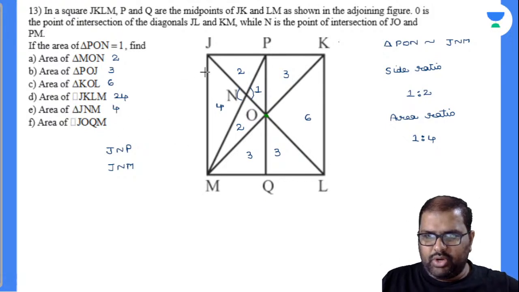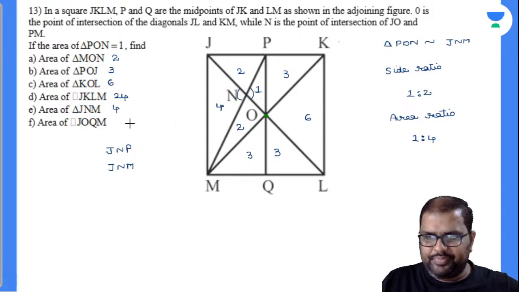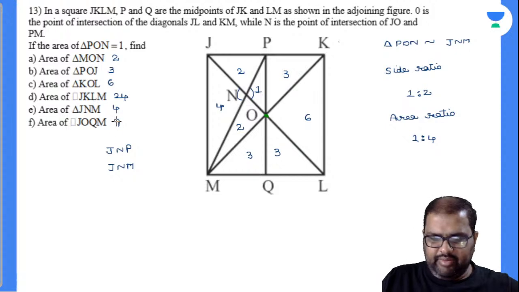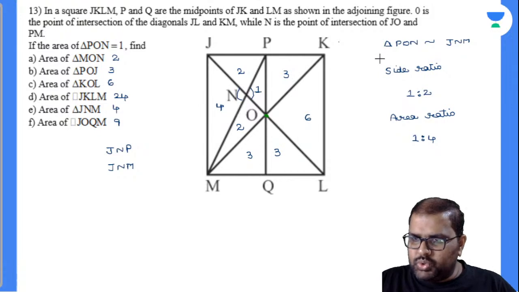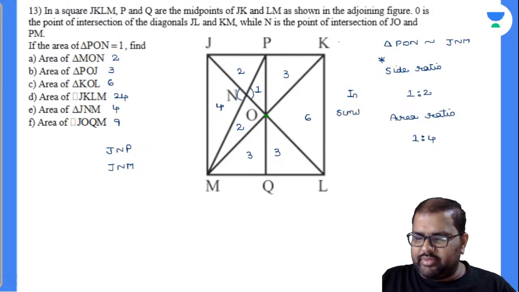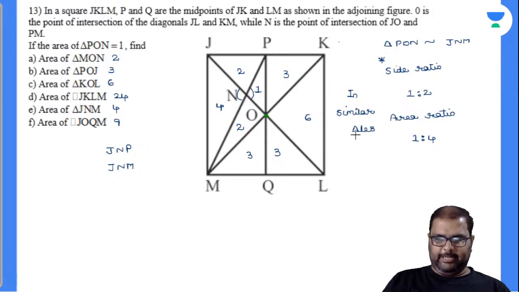What is JOQM? JOQM is 4, 2, 3, 7, 6, 9. So these are the values. Perfectly done. So those who know these properties of similar triangles can solve this question very, very easily. I hope you are getting my point perfectly.